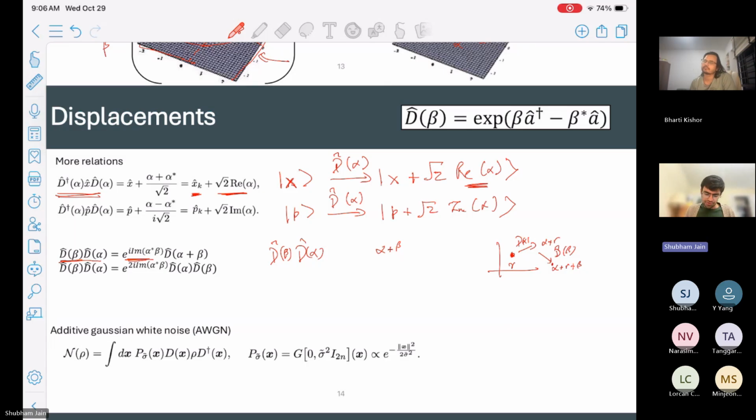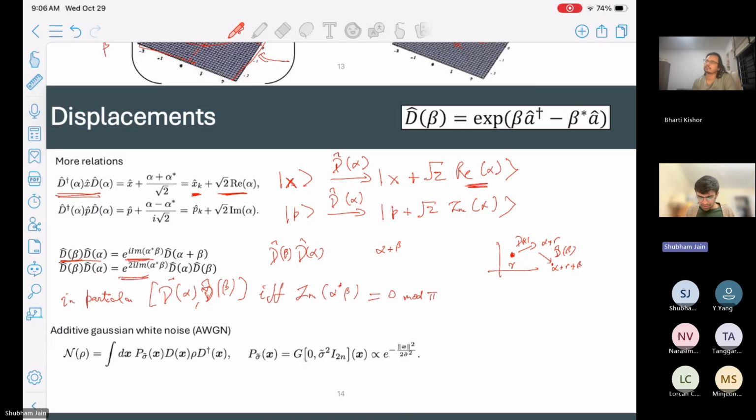You get a composition of alpha plus beta with this phase, and if you look at it in terms of the commutation relations, we can easily see that D(alpha) and D(beta) commute if and only if this phase is 0 mod pi, because of this relation.